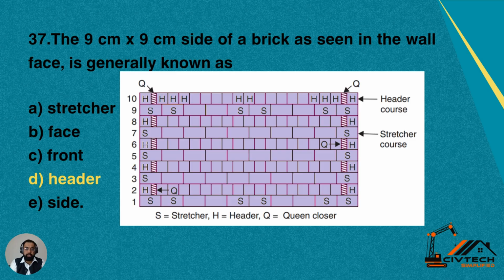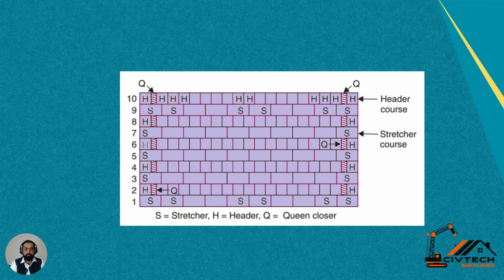From this picture, you can see that it would be a header. The first course is the header course, and then there is a stretcher course, followed by a similar pattern. So you can see the 9 by 9 centimeter side is visible only in the header course, not in the stretcher course. So option D is correct for this question, which is header.